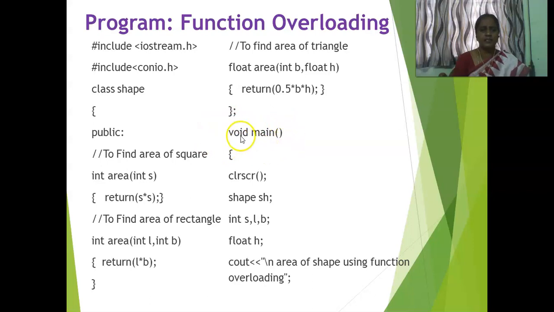This is the main function. Return type is int. Shape is the class name, and sh is the object. This is the object declaration statement. int s, l, b and float h. These are the variable declaration statements.